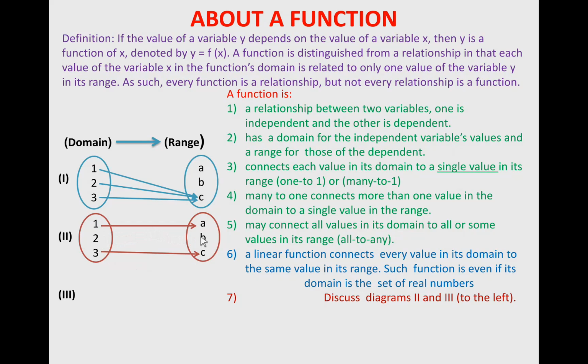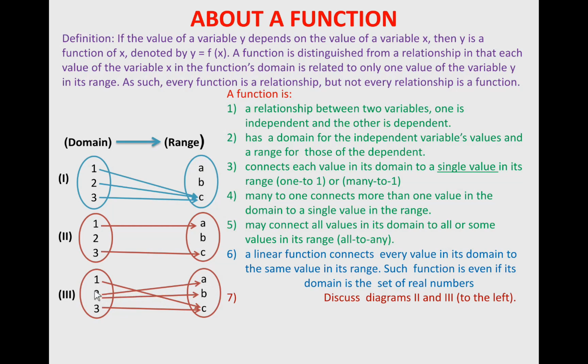Let's go ahead and take a look at example number 3. If we look closely, we can see that 2 is connected to more than one element in the range. So that's a violation for the function, because each element in the domain must be mapped to a single element in the range.